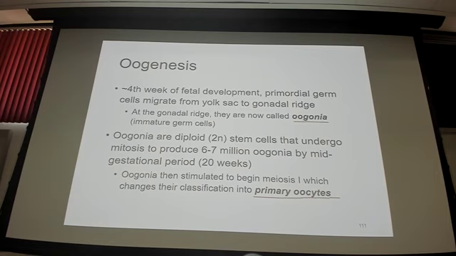If you go back, I just want to show you something here. Oogonia, 6 to 7 million of them. Now, I'm sure all the females in this room know you don't have 6 to 7 million periods in your life. So this number comes down exponentially until we get a fixed number of around 400 eggs that a woman is born with.